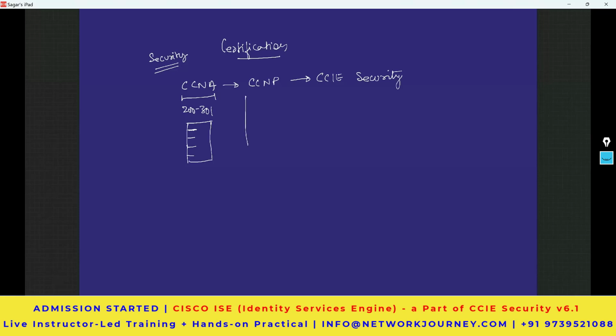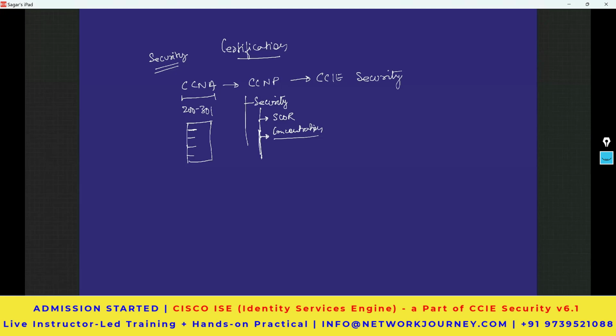When you go to CCNP, you have a dedicated track for security, and the mandatory paper is called the SCOR paper, which is MCQ plus case studies. Then there are some concentration papers, which when you complete, you are called CCNP certified.